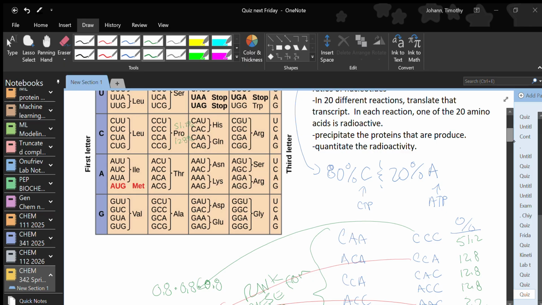Those are just our only ones for proline, right? Do you guys get that? So the percentage of the radioactivity that would be in the proline tube would be, what is that? 64%, if I add those two together?